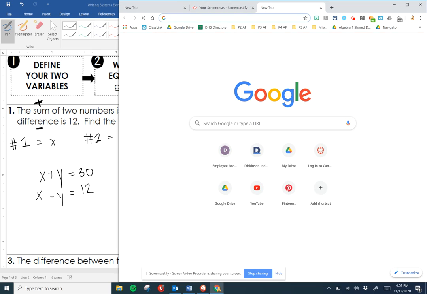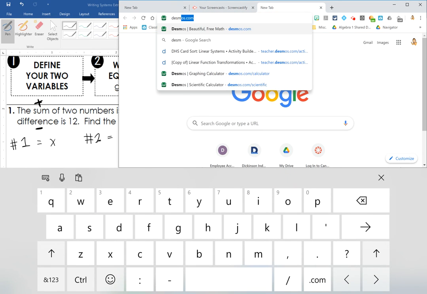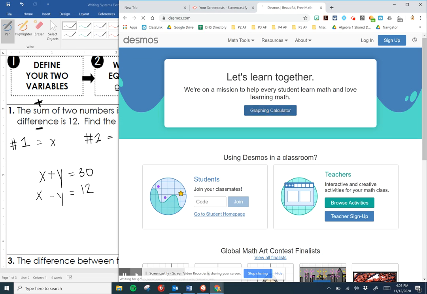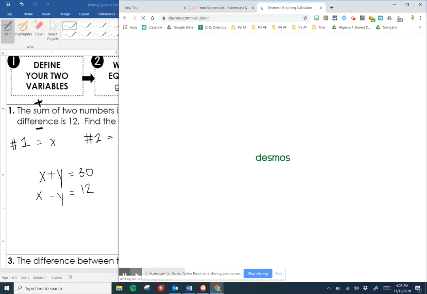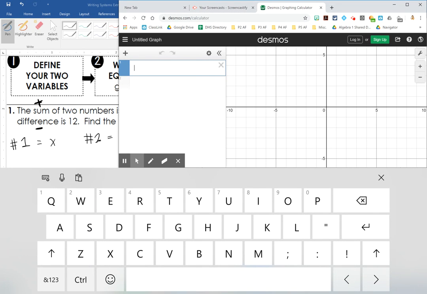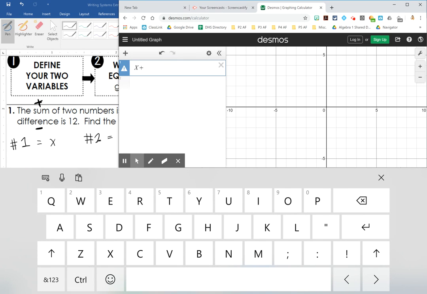So let's, for example, go to Desmos.com. If we go to Desmos, then we want to go to the graphing calculator this time. And then we can go ahead and put those in our graphs. So we have our first one, X plus Y equals 30.